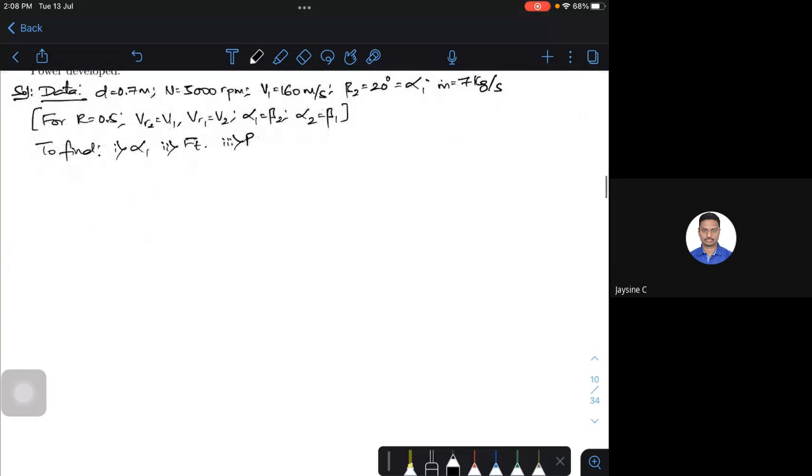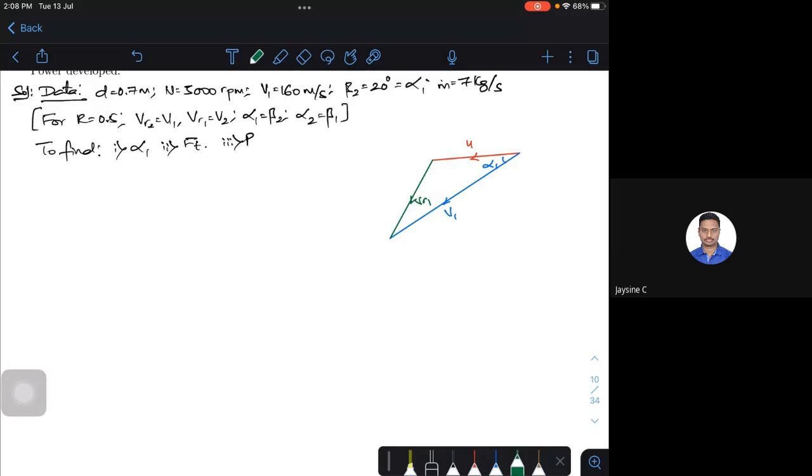Now let's try to draw the combined velocity triangle. So I will have u, this is my u, then I have my v1 with alpha 1, and this will be my vr1.